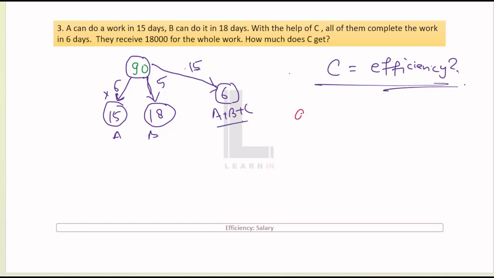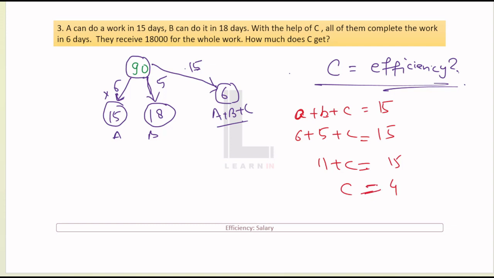The efficiency of A plus B plus C is coming as 15. Now 5 and 6 were the efficiencies of B and C. So 6 and 5, I'm writing 6 and 5 here, and C would get 15. So 11 plus C equal to 15, and we would get the efficiency of C as 4.